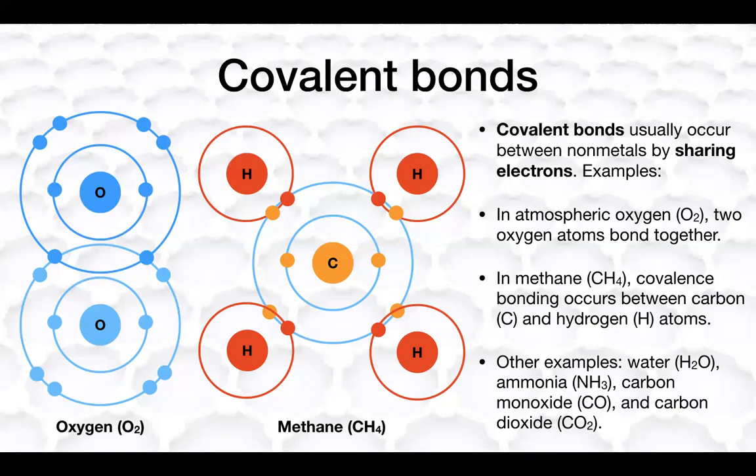Water, H2O, is a compound of hydrogen and oxygen in which 2 hydrogen atoms are covalently bonded with 1 oxygen, making the water molecule. Nitrogen, ammonia, carbon monoxide, and carbon dioxide molecules are all formed from covalent bonds.